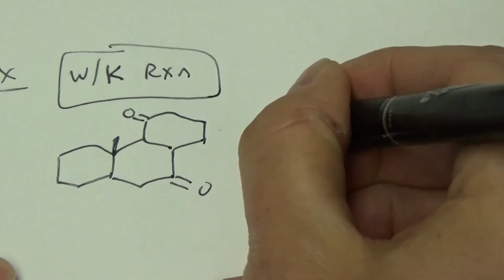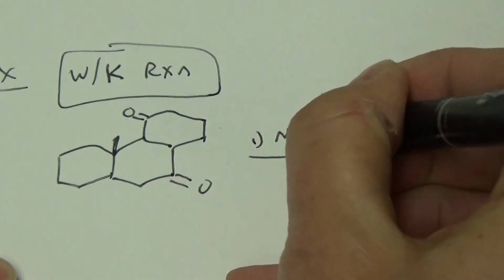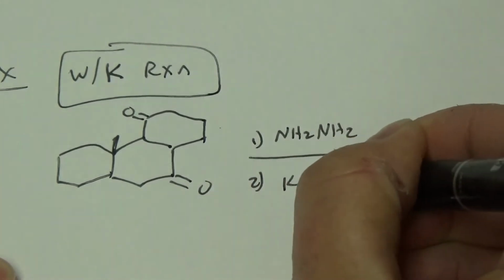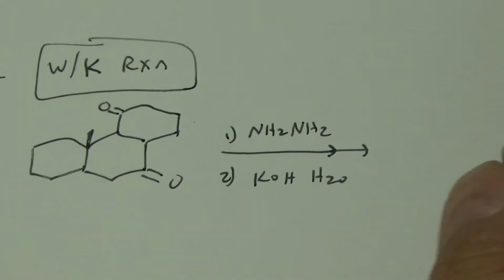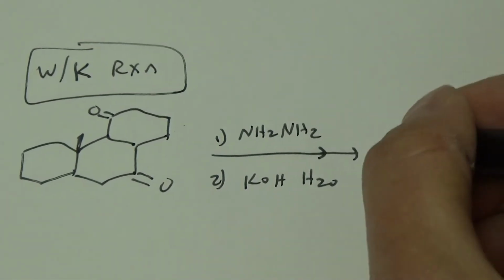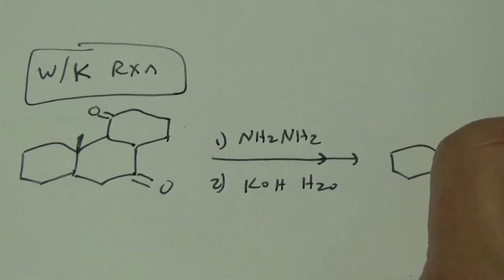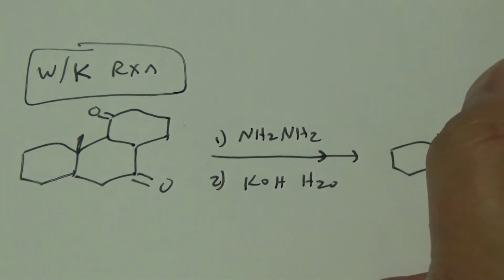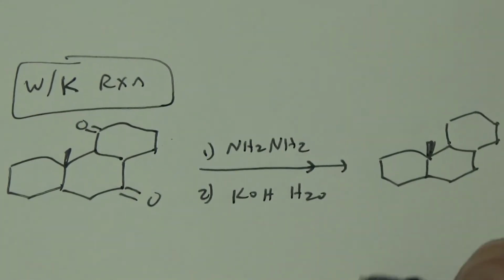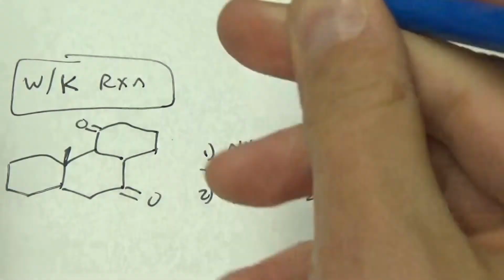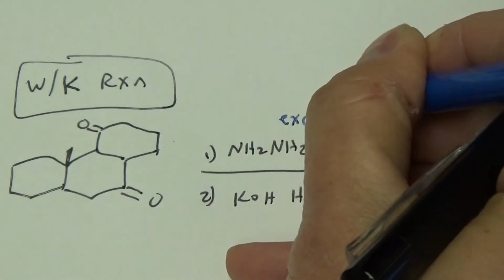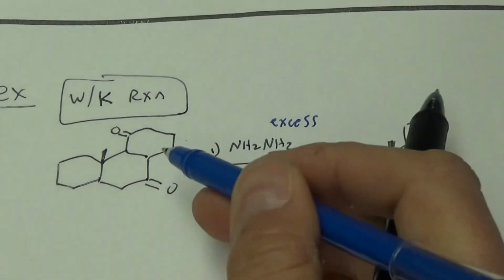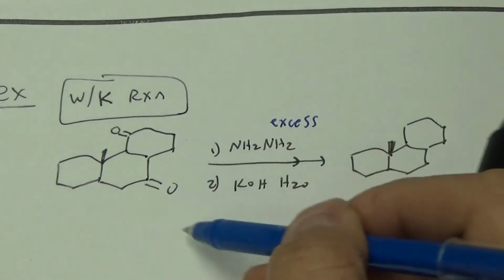So first you make the hydrazone with hydrazine, KOH, water, and it just wipes it off. We're assuming excess here, and generally speaking you can assume excess. They'd both react. Yeah, both ketones are wiped off the molecule.